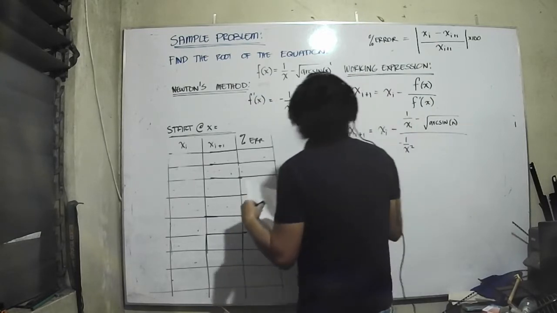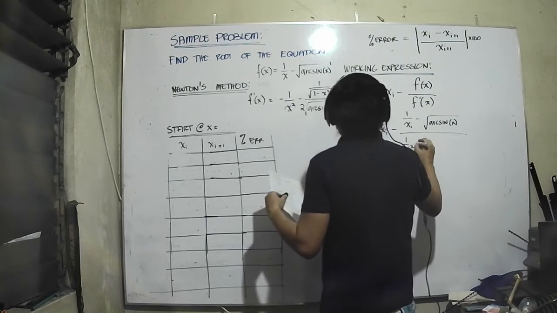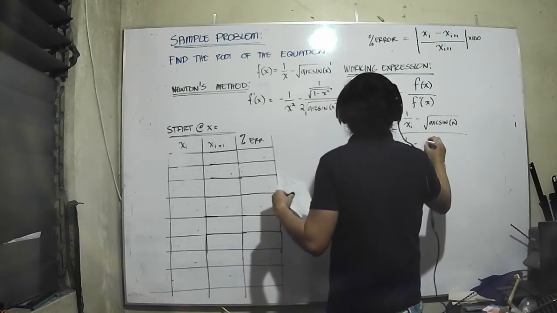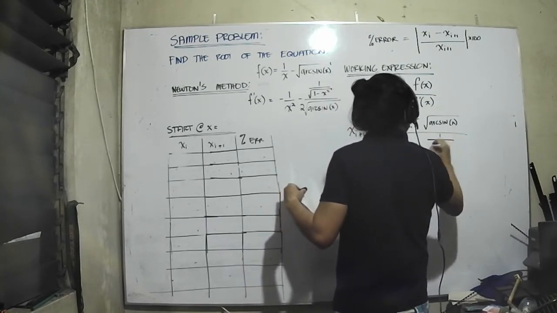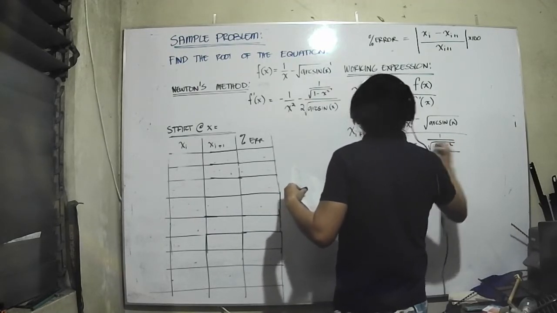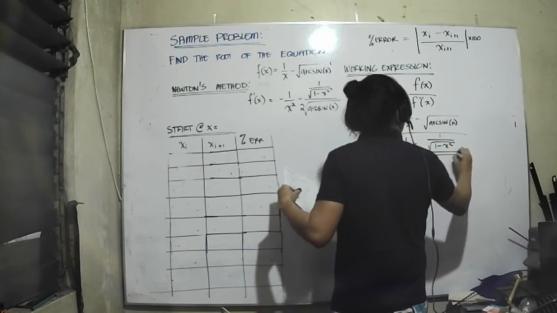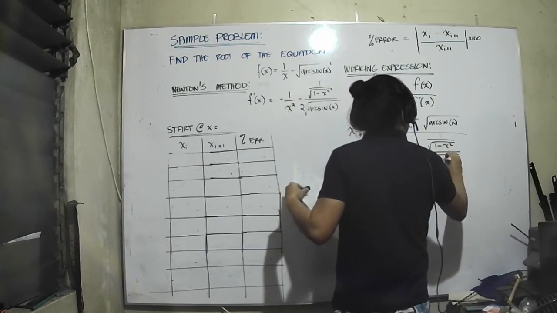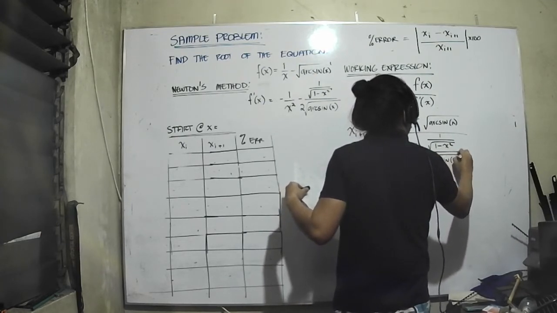Don't forget the i. Minus 1 over square root of 1 minus x squared over 2 square root of arc sine xi.